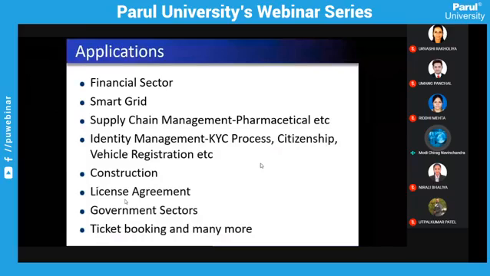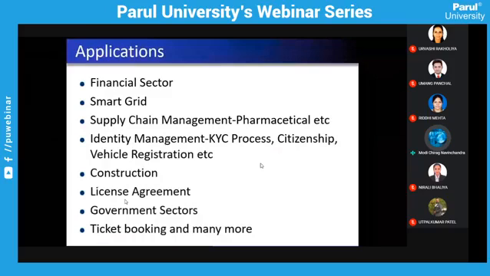Then license agreements. When you take a home on rent, you make a license, but both parties, tenant and owner, rely on the lawyer. A lawyer creates the stamp paper and signs. Suppose tomorrow the lawyer is dead, they will be responsible if some disputes occur.